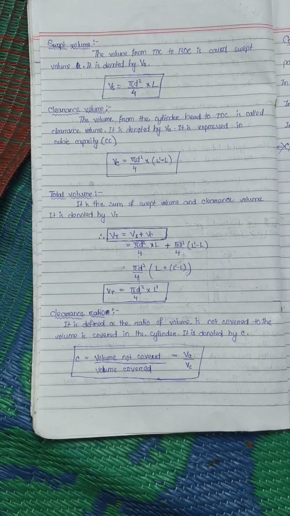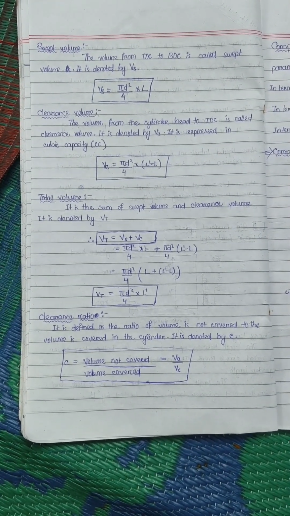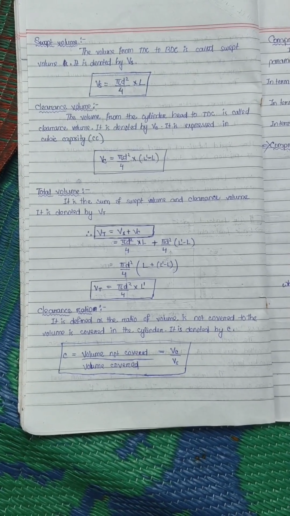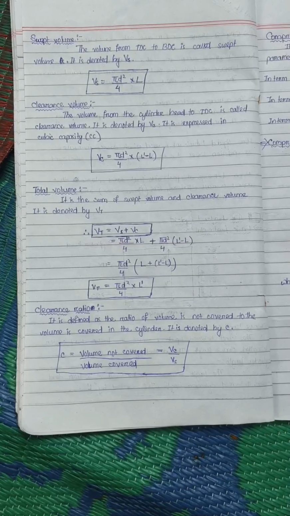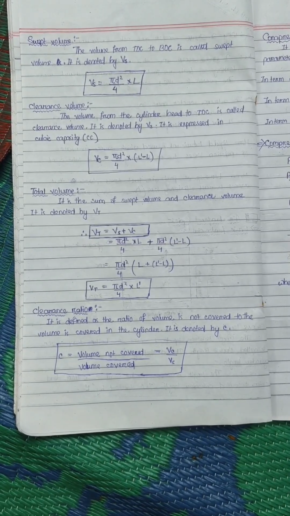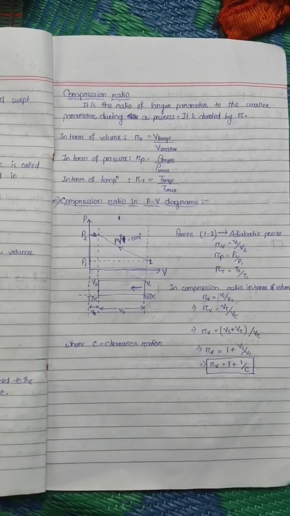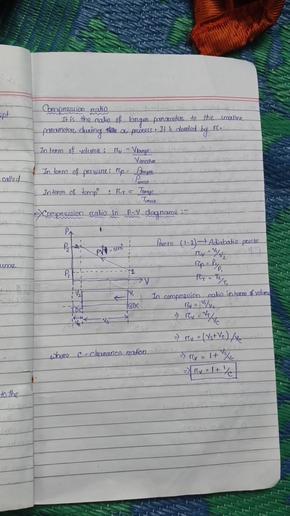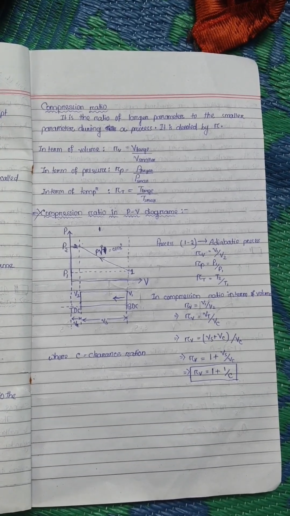Clearance ratio: it is defined as the ratio of the volume not covered to the volume covered in the cylinder. It is denoted by C. C is equal to volume not covered by volume covered, which is equal to Vc by Vs. Compression ratio: it is the ratio of the larger parameter to the smaller parameter during a process.